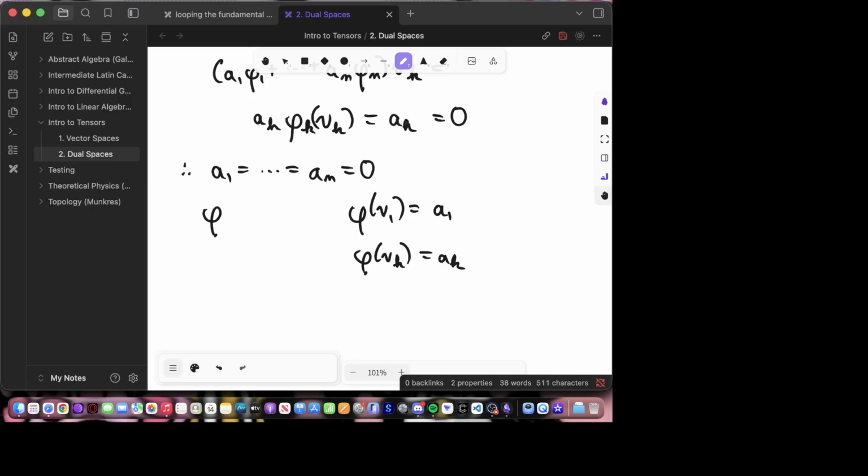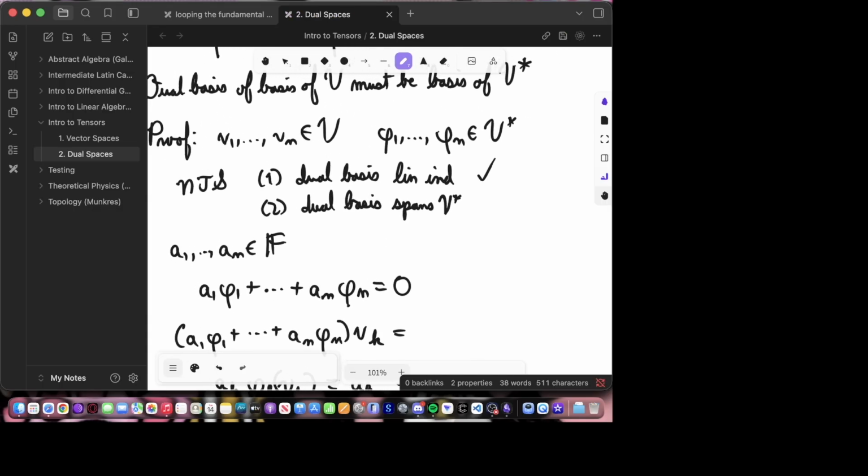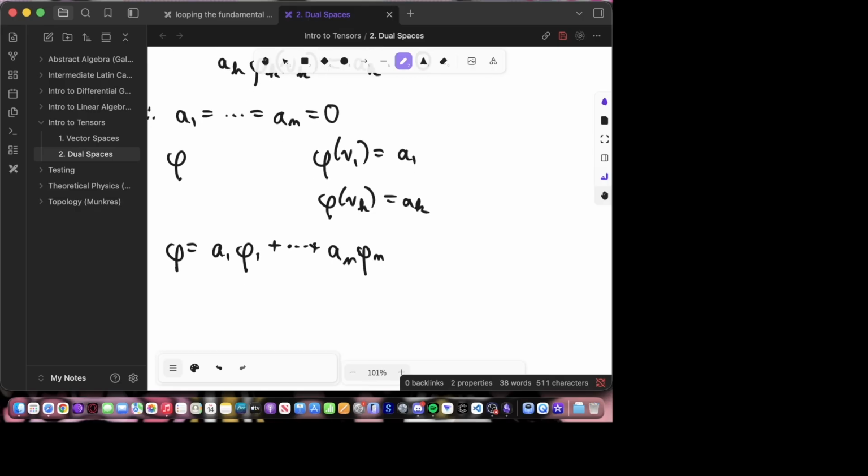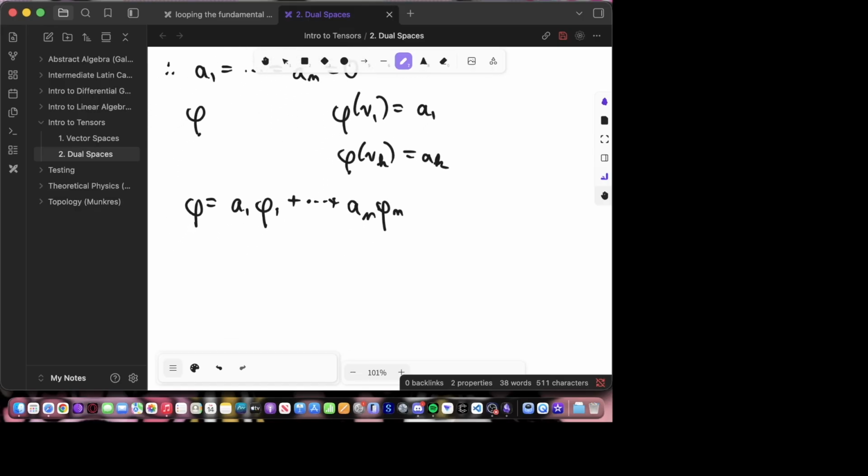And then you can construct phi based off like so. That's basically what you want to show, but I'm not going to spend too much time with that because the second claim is pretty obvious. Therefore, the dual basis is a basis of the dual space.